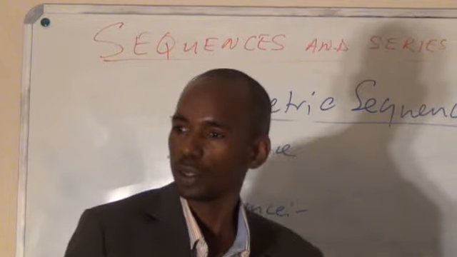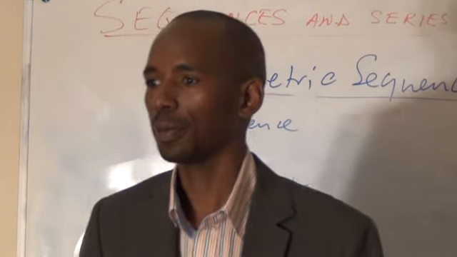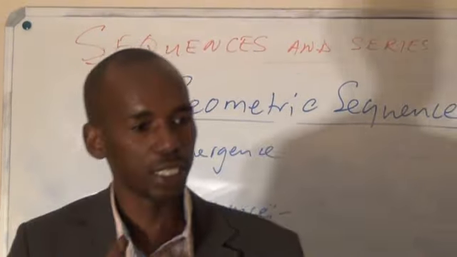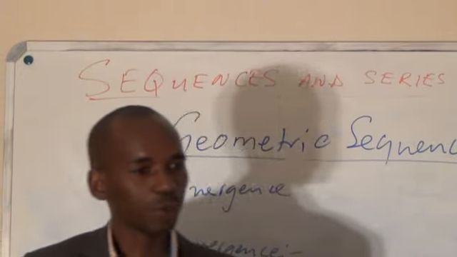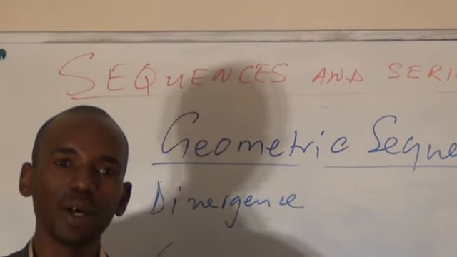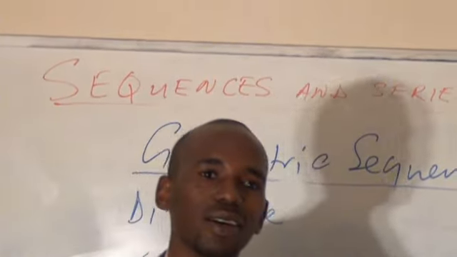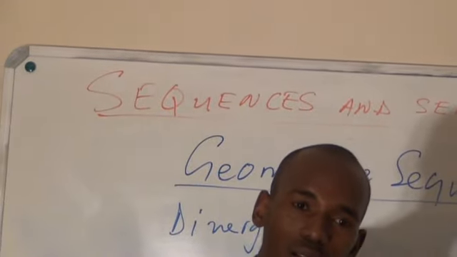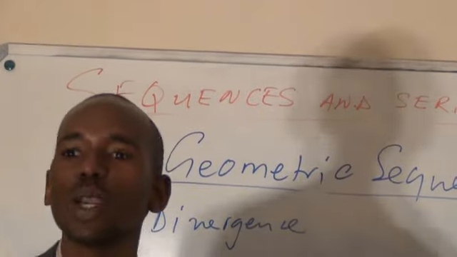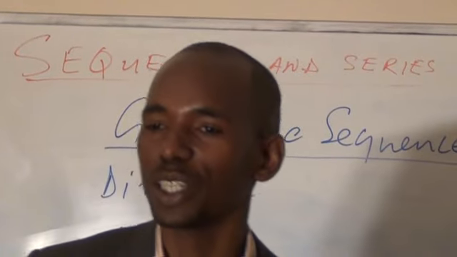I'll give you the condition. It's only one. That condition is that the common ratio has to be a number which lies between -1 and 1, greater than -1 and less than 1. So it has to be a fraction.